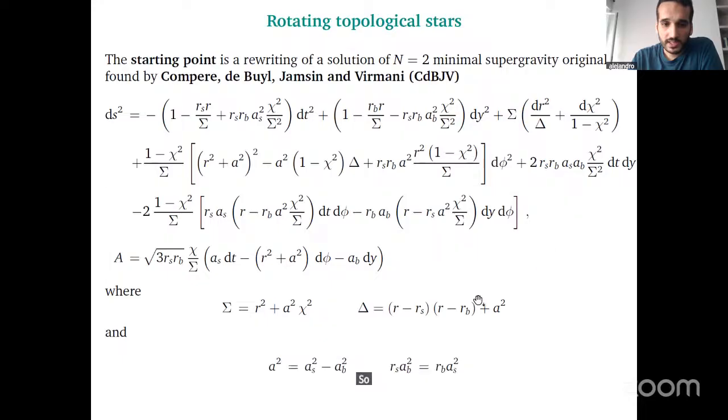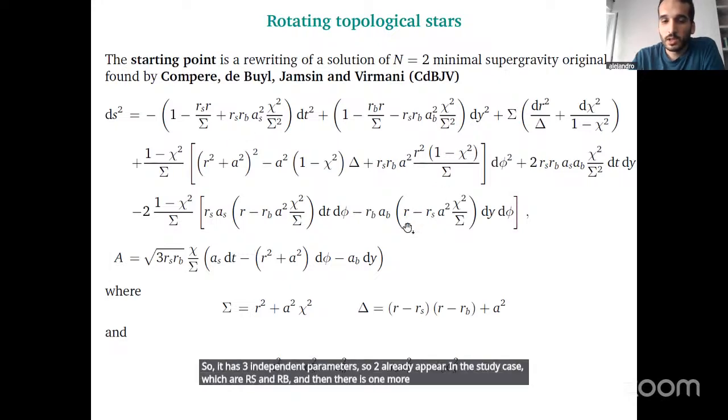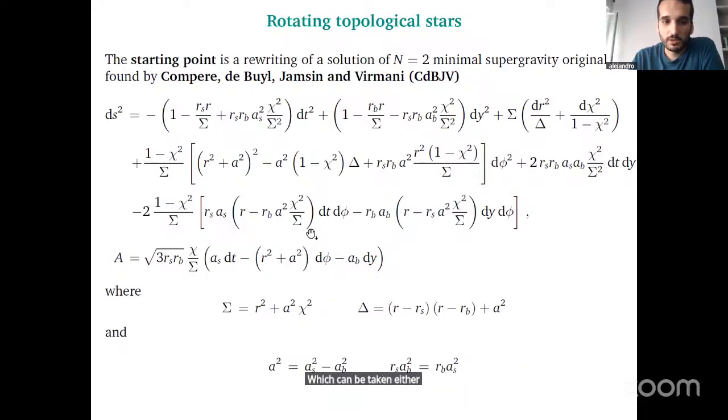So it has 3 independent parameters. 2 already appear in the static case, which are R_S and R_B, and then there is one more rotational parameter, which can be taken either a_S, a_B, or this a squared. So they satisfy these 2 constraints here, so there is just one independent.